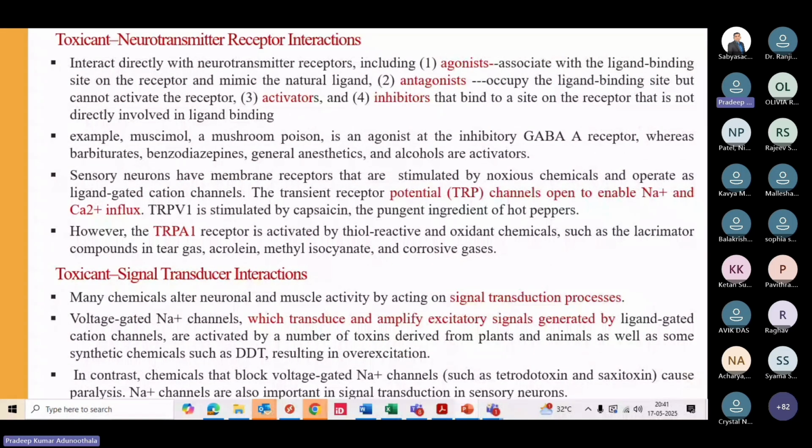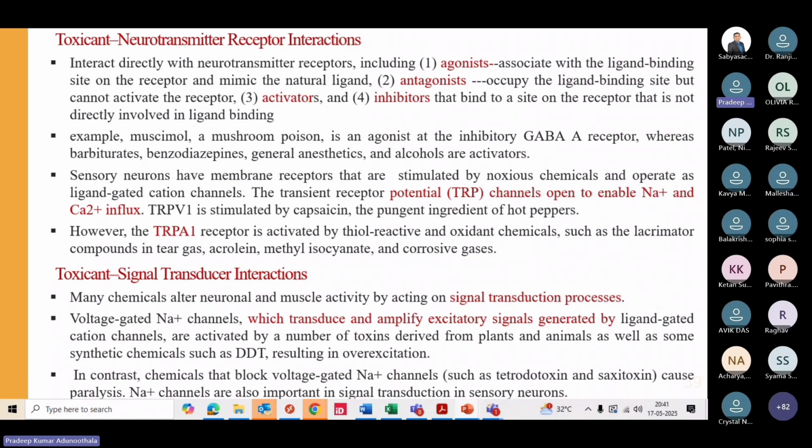And toxicant and signal transducer interaction. Many chemicals alter neuronal and muscle activity by acting on the signal transduction process. Voltage gated sodium channels transduce and amplify excitatory signals generated by ligand gated cation channels, and they also get activated by a number of toxins derived from plants and animals as well as some synthetic chemicals.